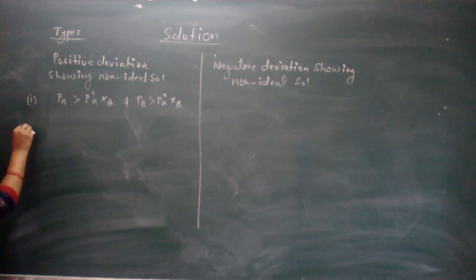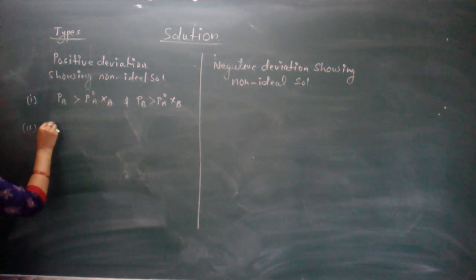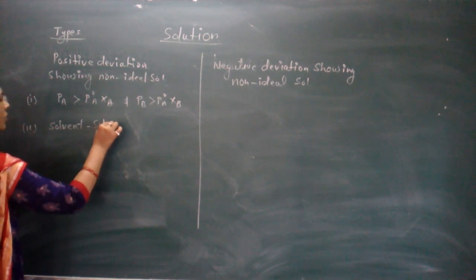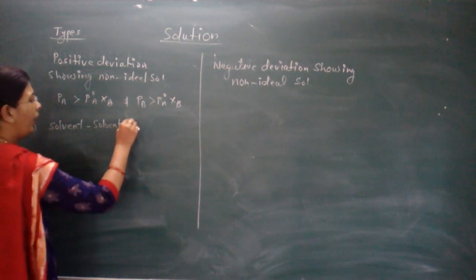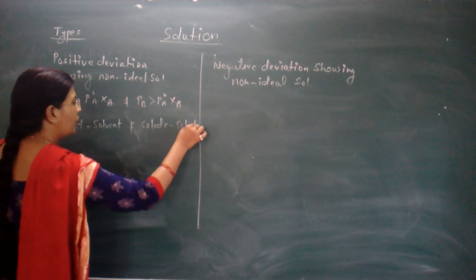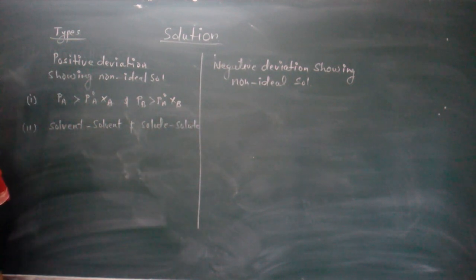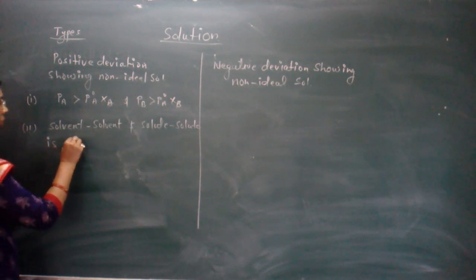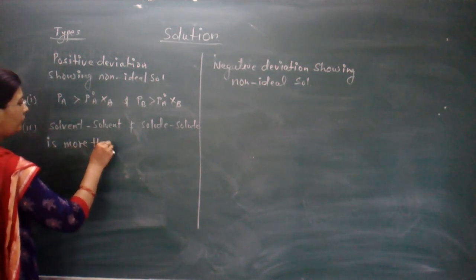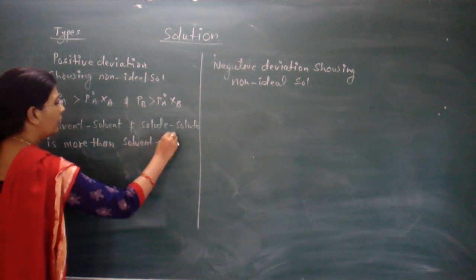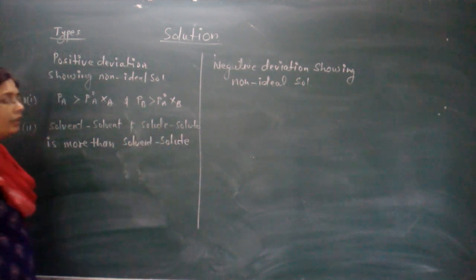And why does it show this? The reason is the interaction between solvent and solute particles. The interaction between solvent and solvent, solute and solute particles is more than solvent and solute particle interactions.